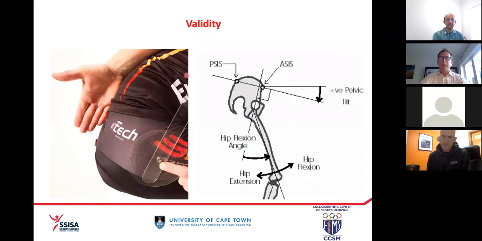Well, they measure things in a different way. If we look at the goniometer, and this may seem crude, but it's very reliable, it looks at the angle subtended by the sacrum versus the long axis of the femur and measures that angle.